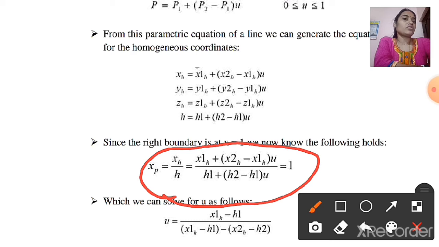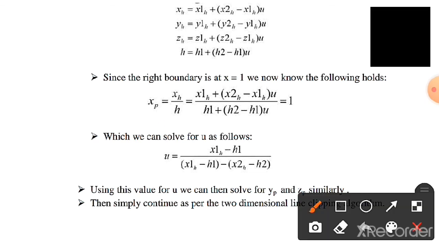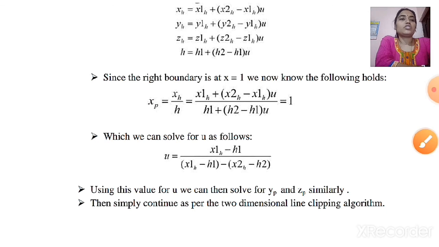That means xp equals 1. We can solve for u as follows: u equals (x1h minus h1) by ((x1h minus h1) minus (x2h minus h2)). All of you remember these formulas. We don't have any calculation using this formula, but we simply remember it to write in our answer in the exam.